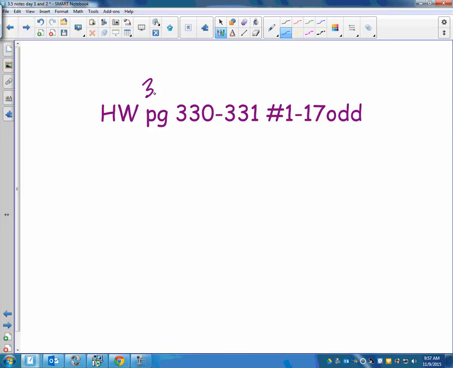This is 3-5. I do know on the homework sheet, there's a lot more homework. It's because I broke this up into 2 days. So on your homework sheet, you can kind of just draw a line. 1 through 17 odd, that's today's homework. Odd problems mean you can check your answers, but it means that there should be work with those, right?